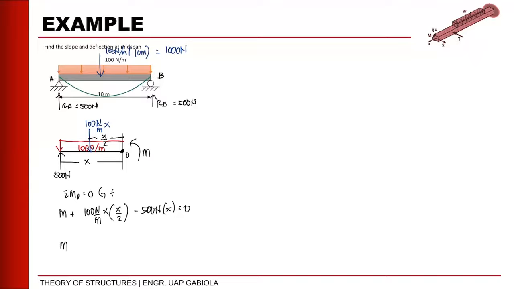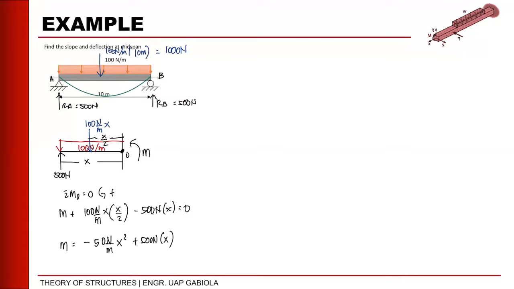So our moment is equal to negative 50 Newton per meter X squared plus 500 Newton X. Okay? So this will be our moment equation, or moment function.